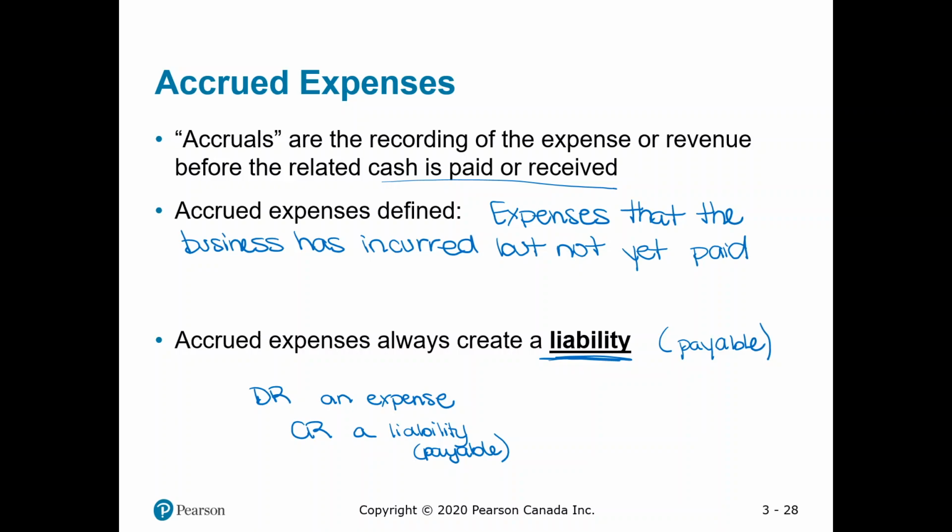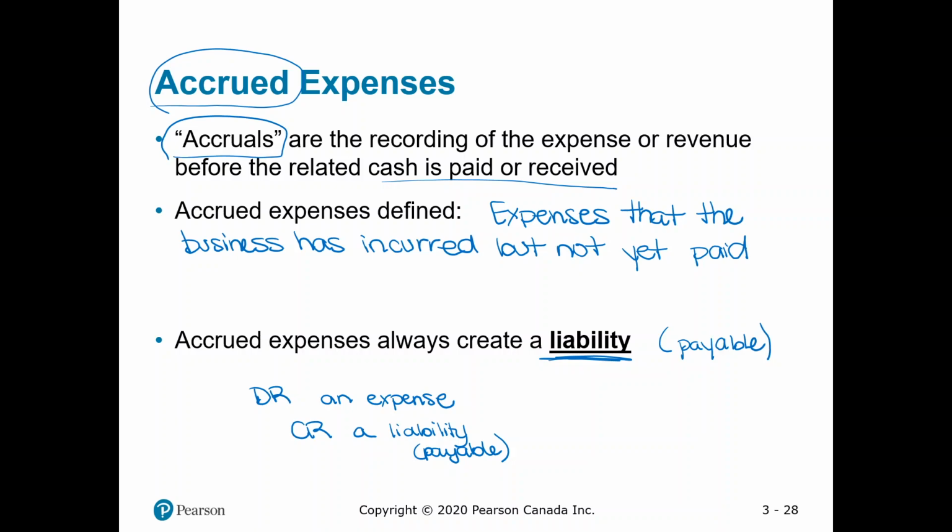So it's the same idea here, but the reason we often have to do these as an accrual in an adjusting entry is because we haven't received any type of source document or any type of bill yet. So nothing has been booked during that accounting period. But as the accountants, we know that this expense exists and that it's been incurred. So even though we don't have the bill yet, we know we need to do this adjusting entry, this accrual, to record that expense.